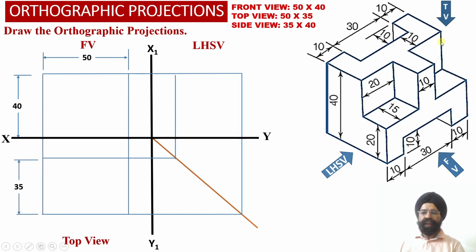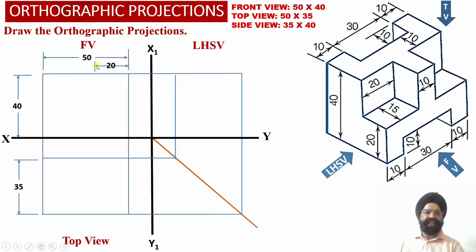So now, in order to draw this particular web, we need to measure a distance of 20 millimeter from the right hand side surface of the solid, and again 20 millimeter from the left hand side surface of the solid. So now we are going to mark a distance of 20 millimeter from the right hand side face of the solid, so that this edge of the vertical web can be defined in the front view projection.